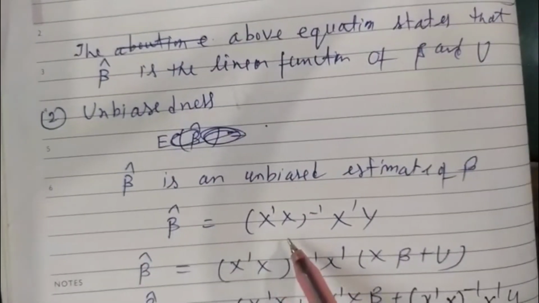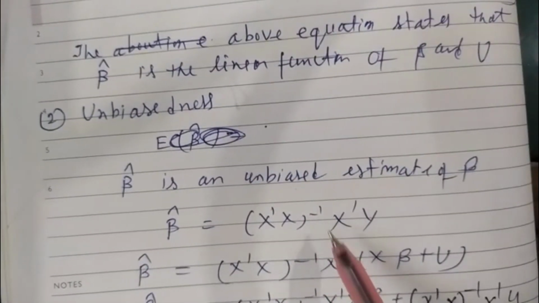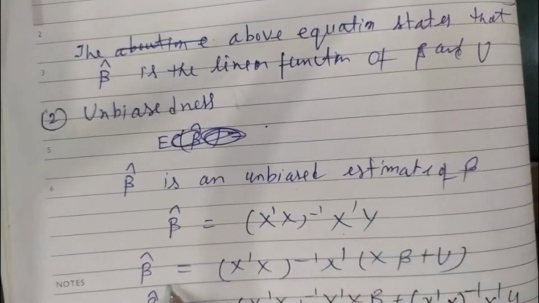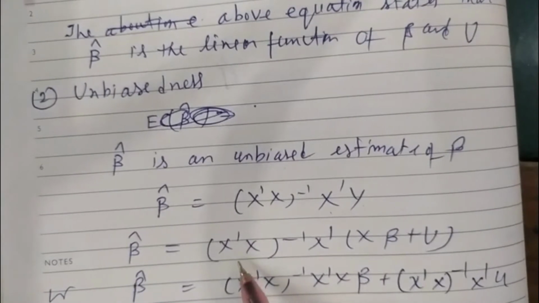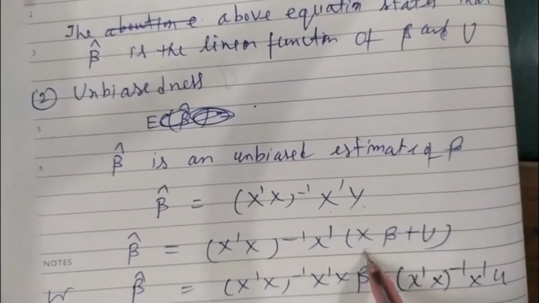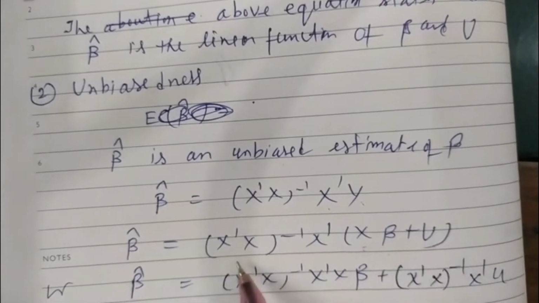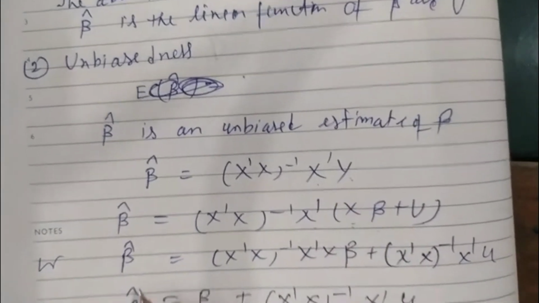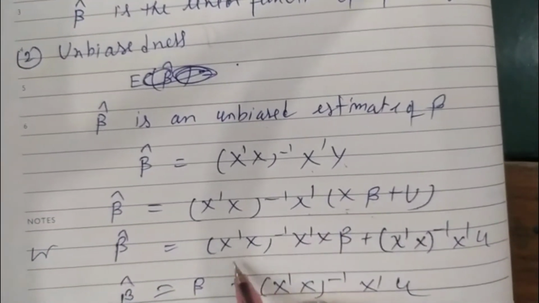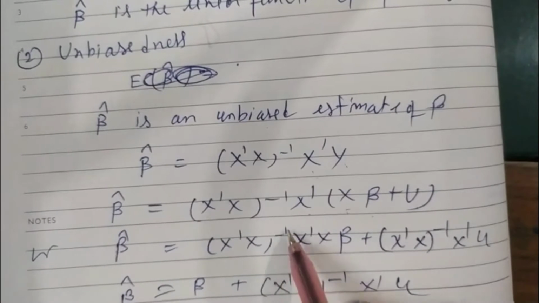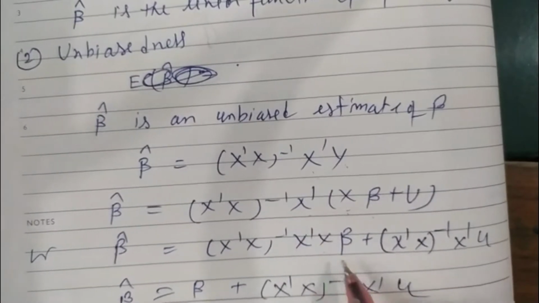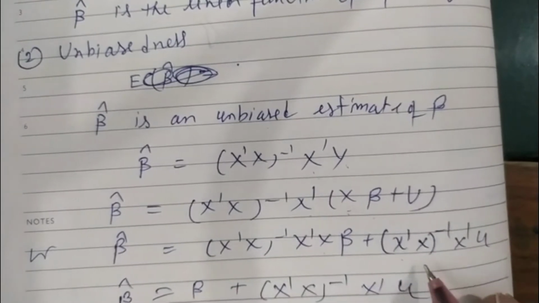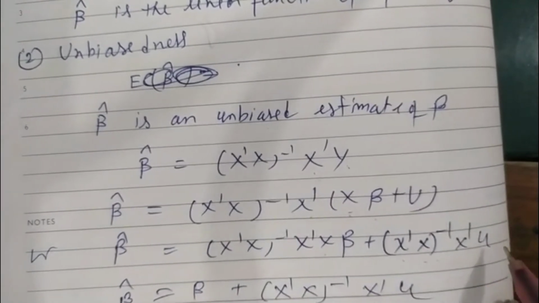Estimated beta equals (X'X) inverse X'Y; putting the value of y in matrix form, Xβ plus u, and multiplying, we get (X'X) inverse X'Xβ plus (X'X) inverse X'u.